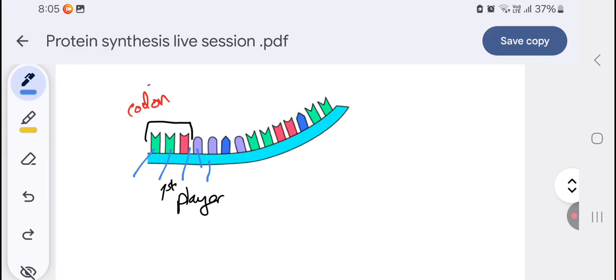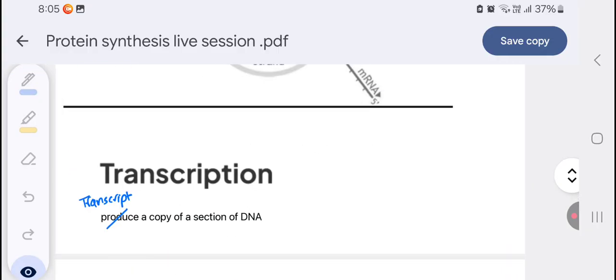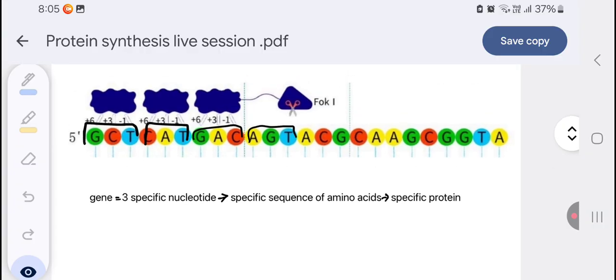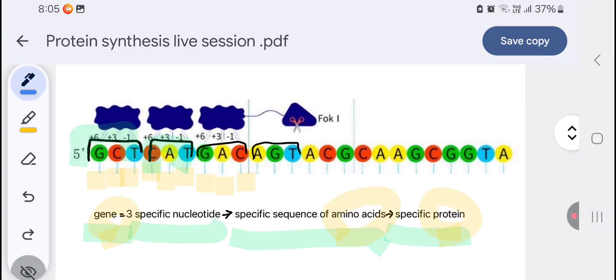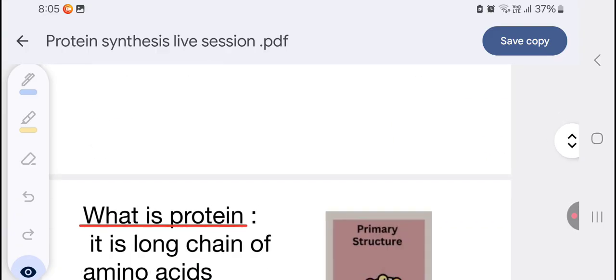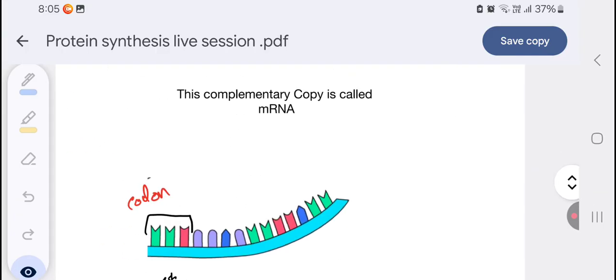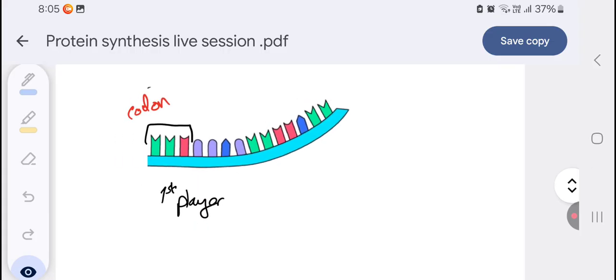Each 3 nucleotides in the messenger RNA is called a codon. Do you remember each 3 nucleotides in the DNA was called what? It was called a gene. But 3 successive nucleotides in the messenger RNA are called a codon. Okay? Is that clear?